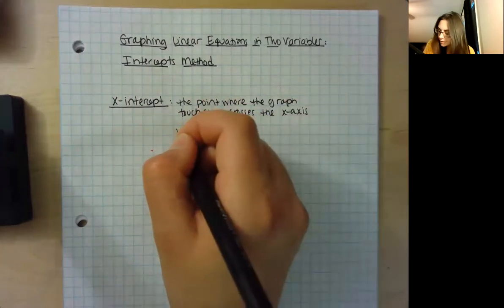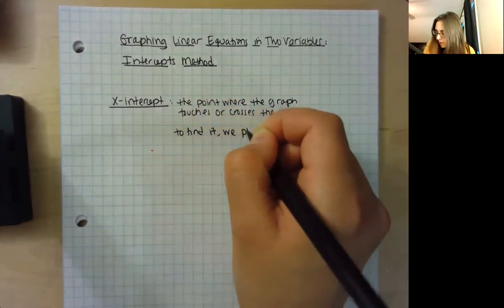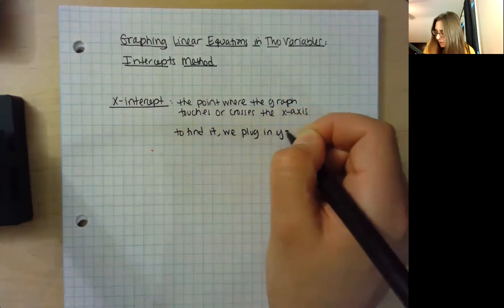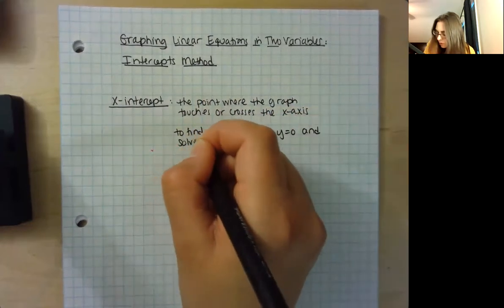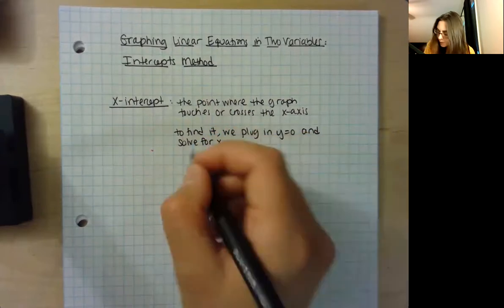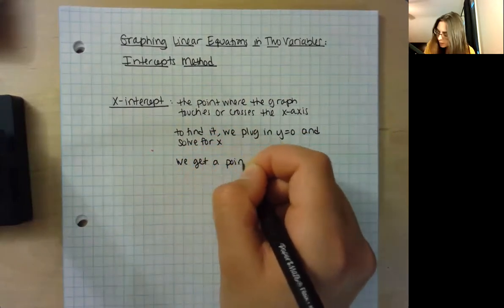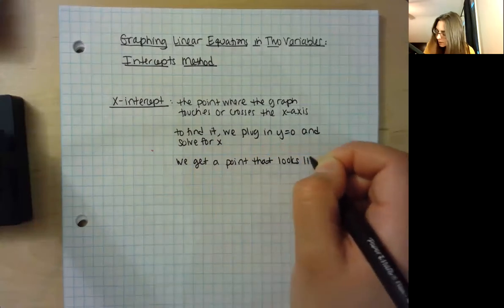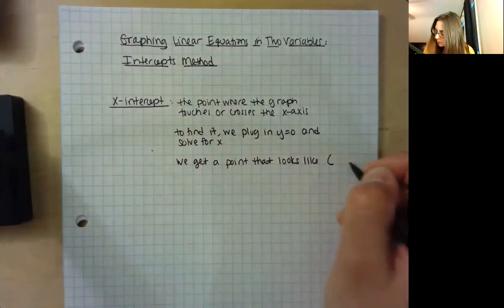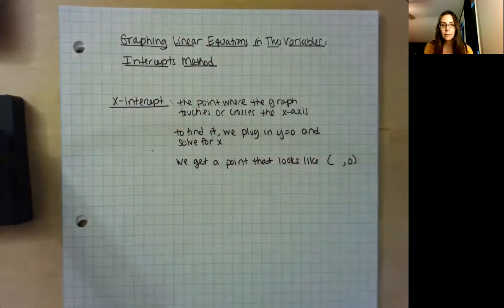To find it, we plug in y equals 0 and solve for x. We get a point that looks like blank, comma, 0. So some number, comma, 0.